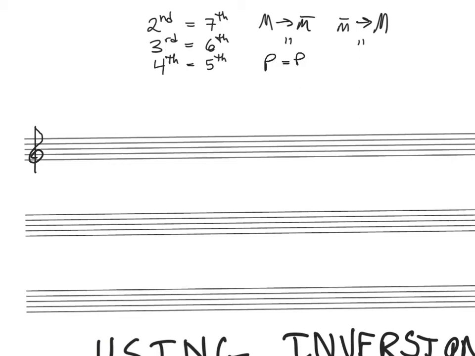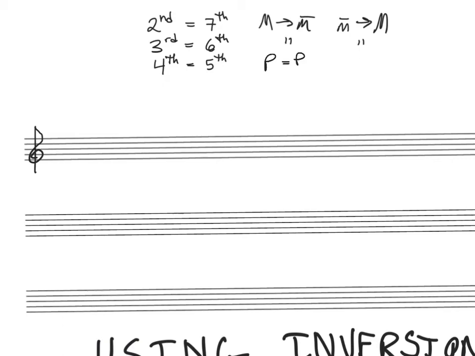That means that if you can identify seconds, thirds, and fourths, you will also be able to identify fifths, sixths, and sevenths just by seeing what inversion they are. So let's talk about a few things that will help you identify them specifically when you see them.